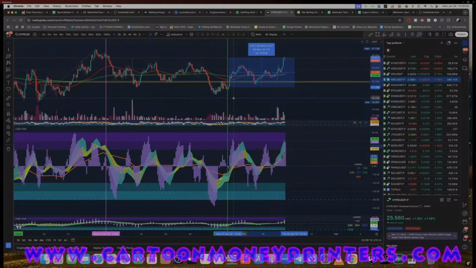No. Oh, I thought liquid was the coin. Liquid, it's not on hyper. It's not on TradingView. It's only on Hyperliquid. Oh, okay. All right. But this is HYPE. Is this HYPE, the exchange? HYPE is the coin for Hyperliquid. Oh, okay. Yeah.